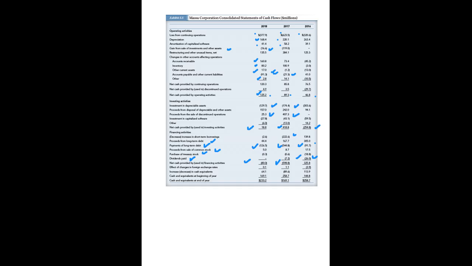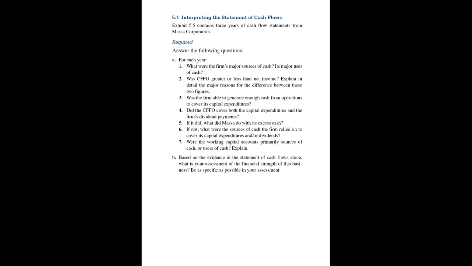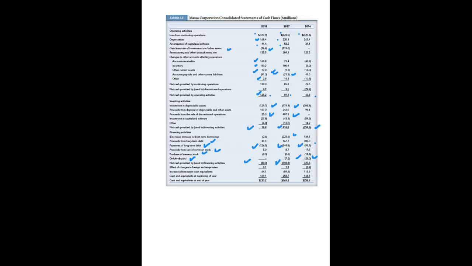Next question is, was the firm able to generate enough cash from operations to cover the capital expenditures? So answer is clearly no, because if you see here in the question, cash flow from operating activity is 125,000 in 2018, but the uses here are 129,000, and the investment in software is 27,000, and other is 6.